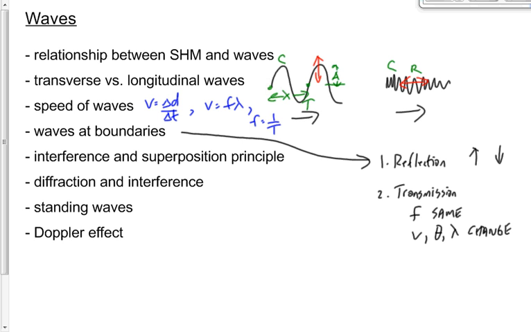Interference and the superposition principle is basically when one wave hits another wave and we get a new waveform, sometimes constructive interference, sometimes destructive interference. You've got a wave right here, and you've got another wave right here. What does the resulting waveform look like? Well, it's going to be something like that.